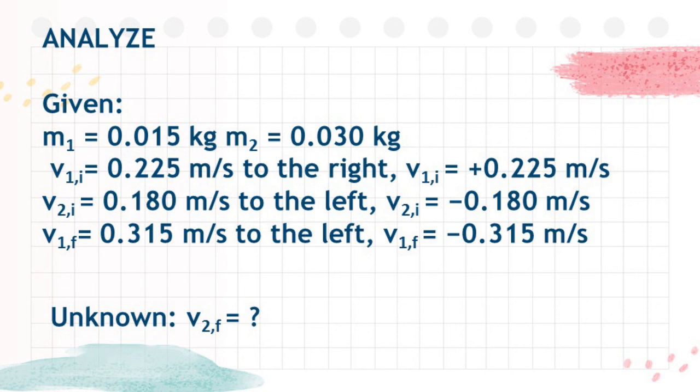Initial velocity of the second object is equal to 0.180 meters per second to the left, or negative 0.180 meters per second. Final velocity of the first object is equal to 0.315 meters per second to the left, or negative 0.315 meters per second. Let's find the final velocity of the second object.